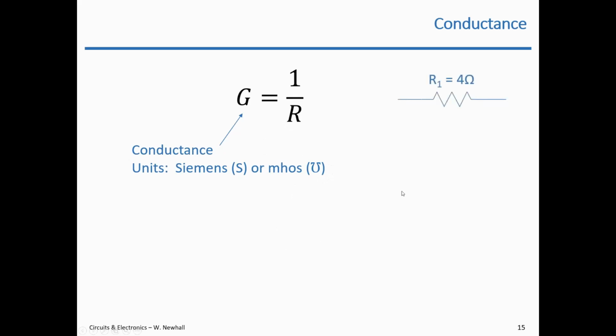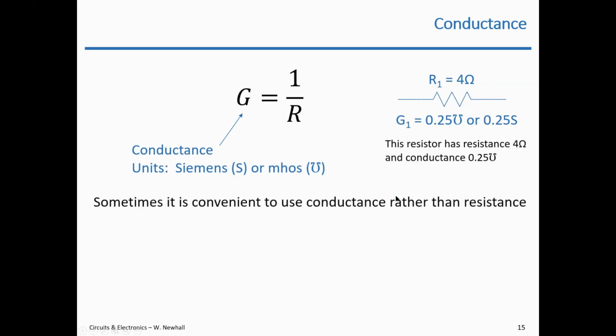So if I have a 4 ohm resistor, it is equivalent to saying that is a 0.25 mho or 0.25 Siemens conductance, okay? And sometimes that's convenient. These both mean the same thing for that resistance. And so, for example, if you have parallel resistors, this is what we saw on the previous slide, right?